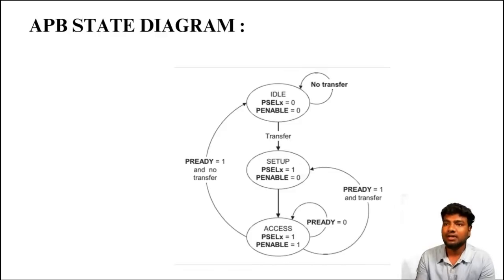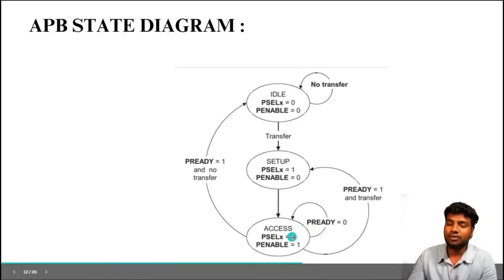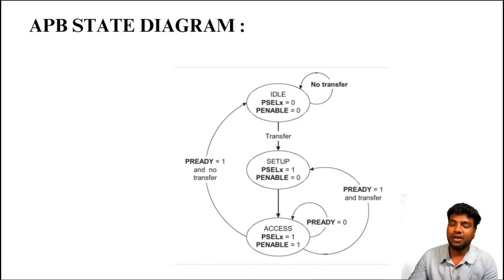If the master selected the slave correctly, it can move to the access state. But here you can see PENABLE is low. If both are 1, meaning the master selected the correct slave and enable is high, it means I can send and receive data between the master and the slave. So this is the state.